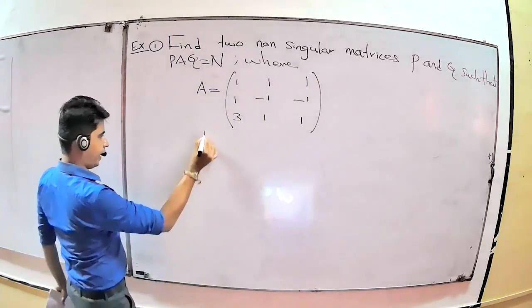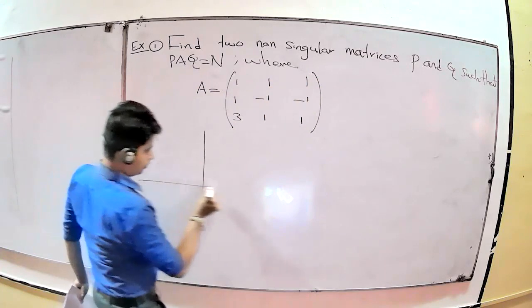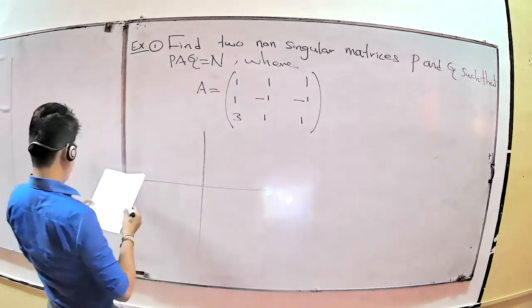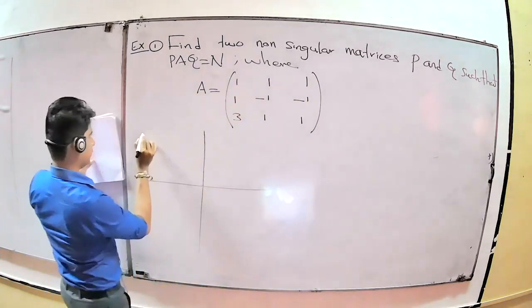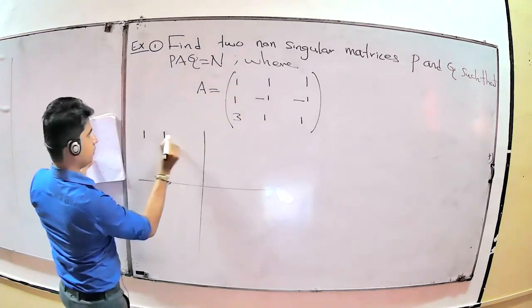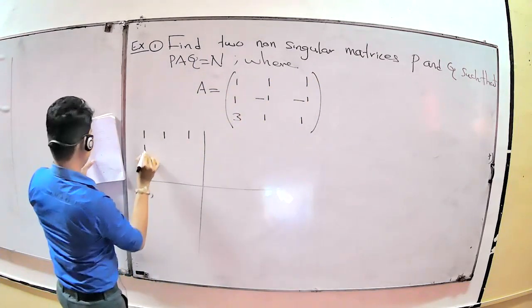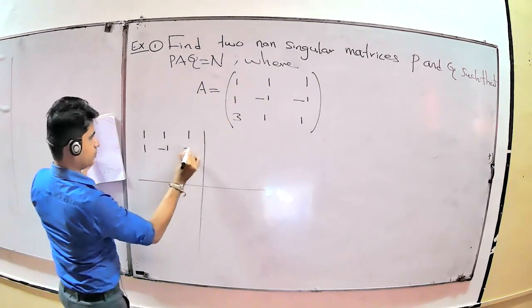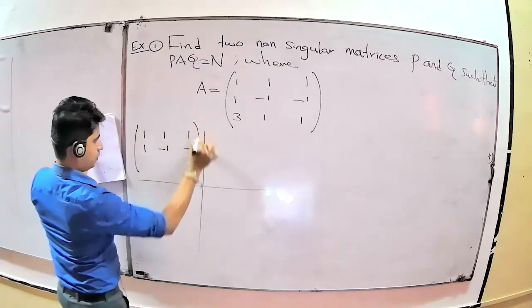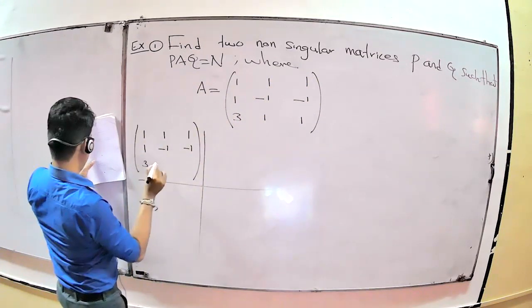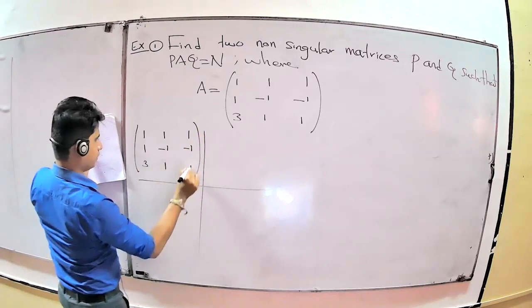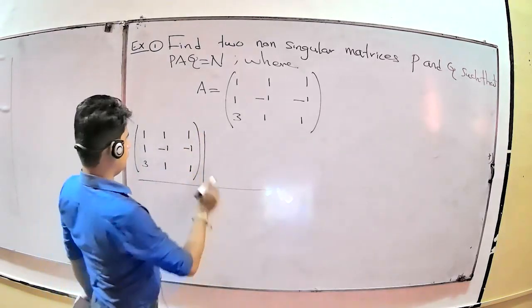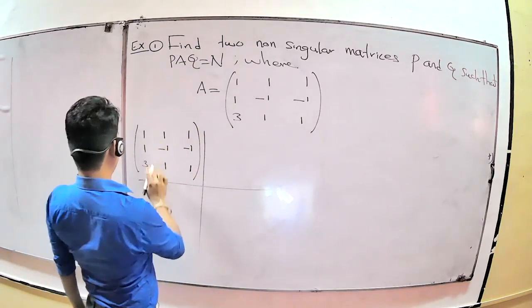You can put it like this first. Here you put this matrix 1 1 1, 1 minus 1 minus 1, 3 1 1. Suppose the number of rows equals 3.